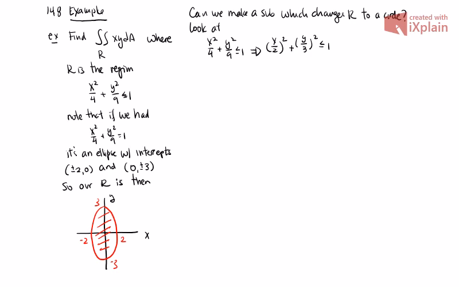What that allows us to see is if we let u equal x over 2, and v equal y over 3, then this becomes u squared plus v squared is less than or equal to 1, and that's a circle, again in the uv plane.